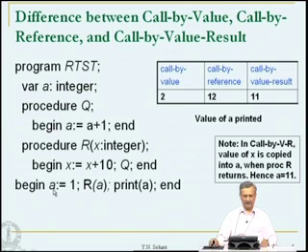So, in the main program we initialize A to 1, call R with A, and finally print the value of A. Let us see the result for various types of parameter passing mechanism as far as the procedure R is concerned. Let us take call by value first. We have A equal to 1 here, we called R with A. So, the value of A is copied to a local variable, let us say this is x itself.